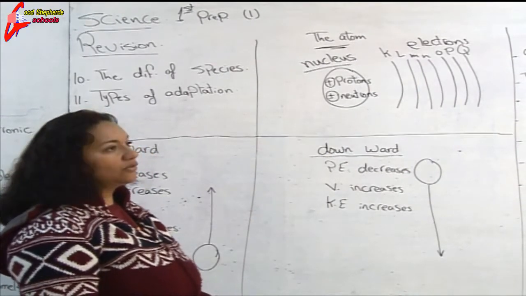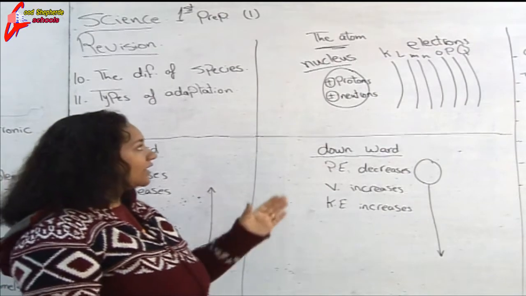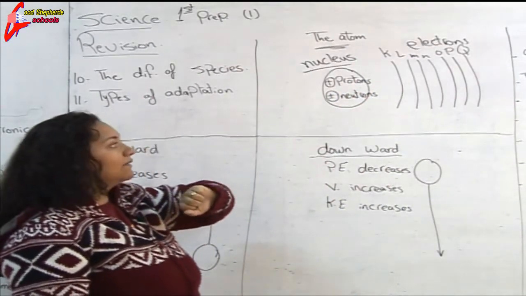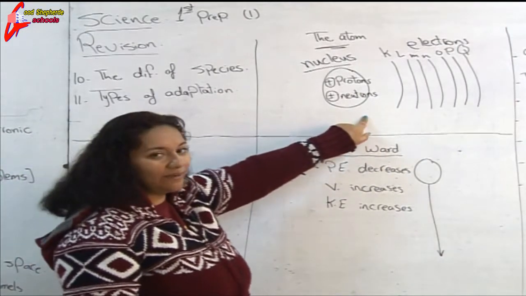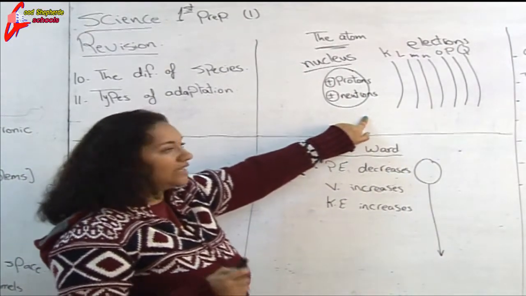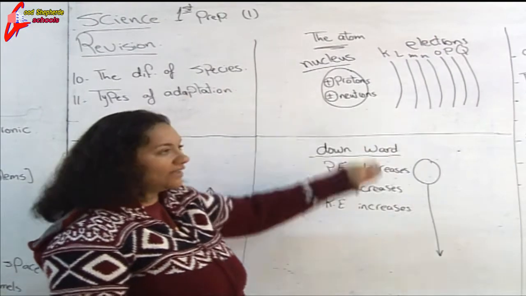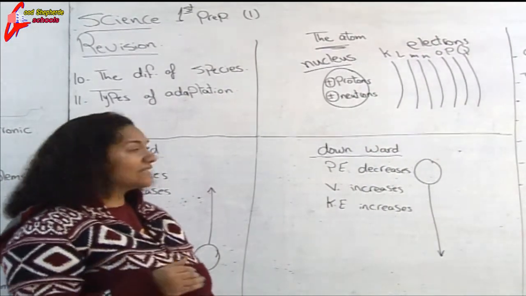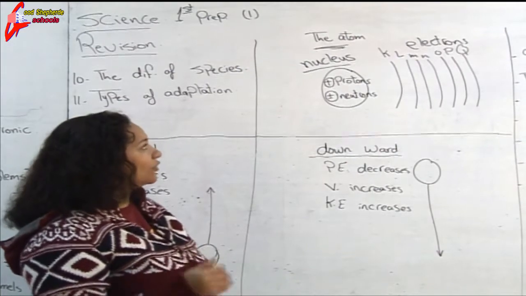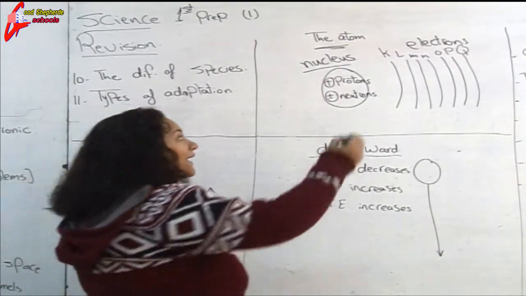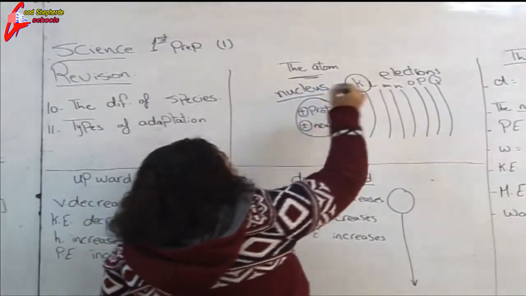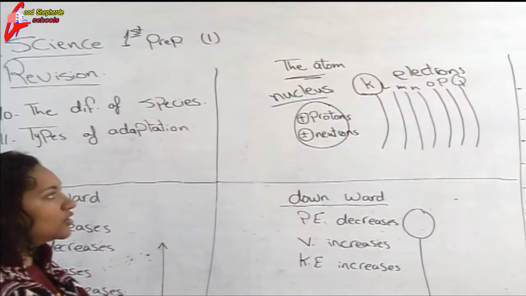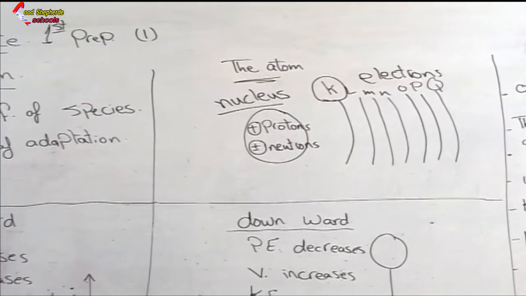They are called energy levels because each level has a certain energy, and this energy increases as we go away from the nucleus. So the K energy level has the least energy, and the Q energy level has the biggest energy.